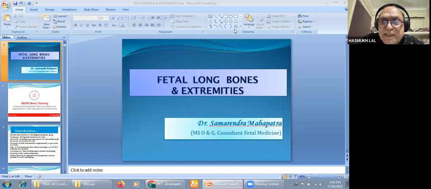Trisomy 13 and 18 are the easiest to detect, because there will be a lot of abnormalities. These fetuses you can diagnose very easily. It is only trisomy 21 which is very challenging, and that deceives us many times.